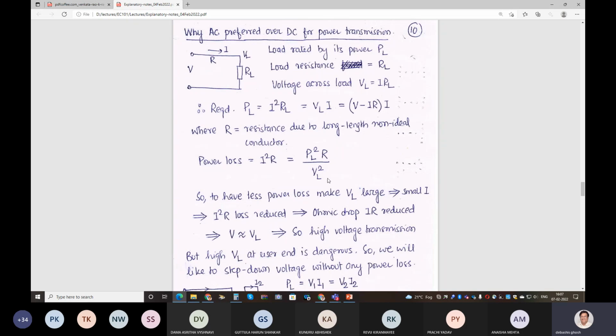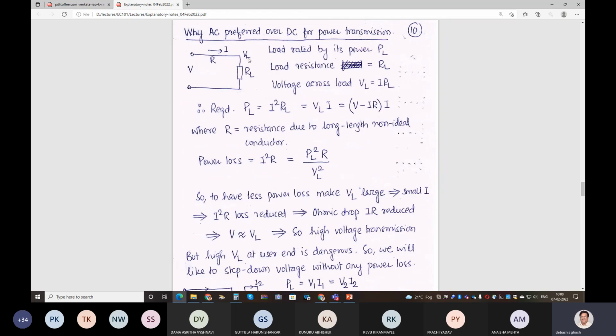Then we have seen that in order to reduce this power loss in the transmission line, we can increase this VL, the voltage across the load. However, in order to increase VL, I have to increase my V. The input voltage should be increased.